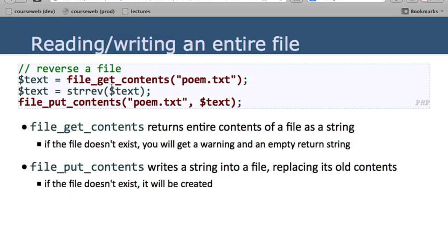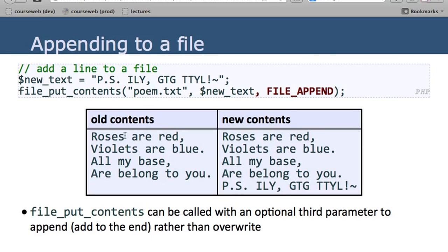Okay, reading and writing an entire file, we sort of just did that. file_get_contents poem.txt, reverse it, and then write it back. Appending to a file. We can specify an additional optional parameter to file_put_contents.